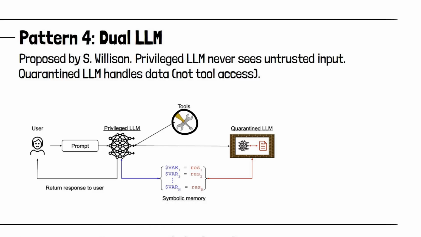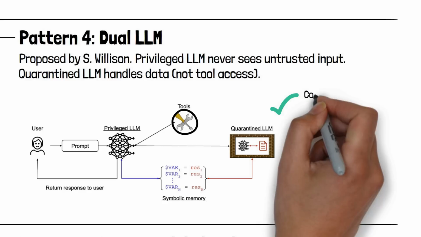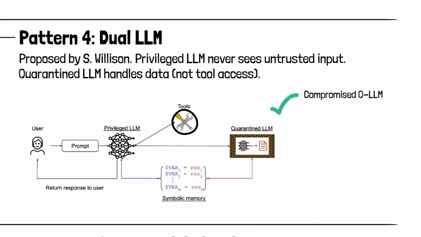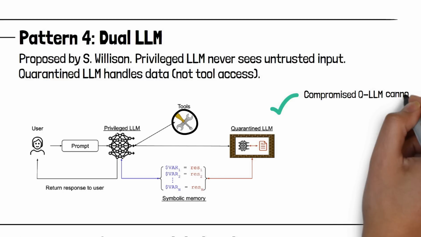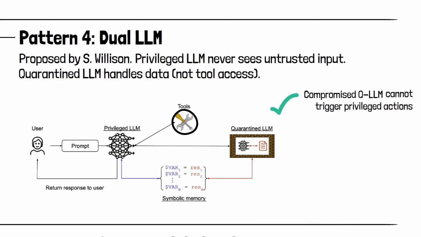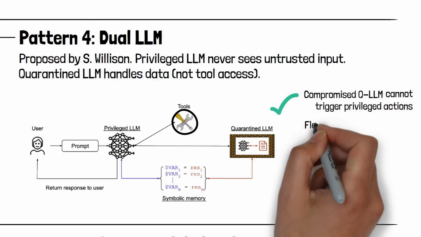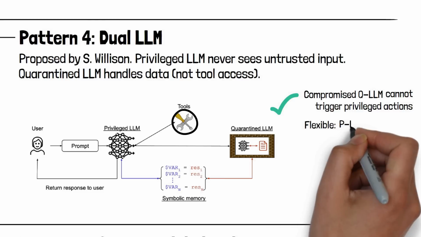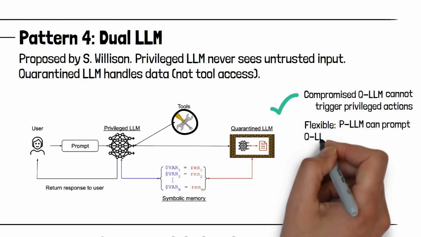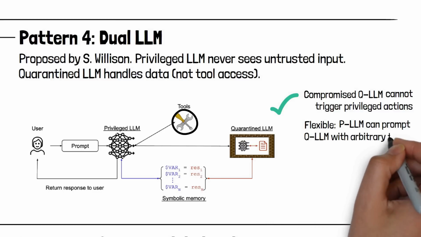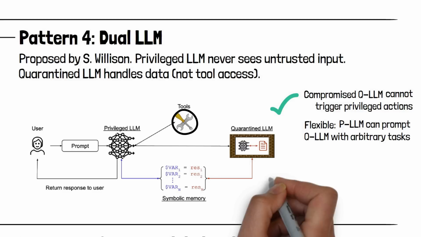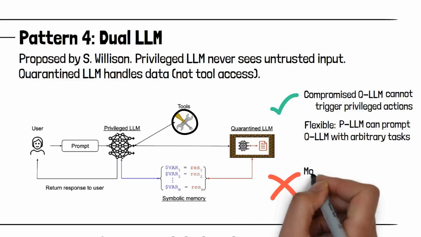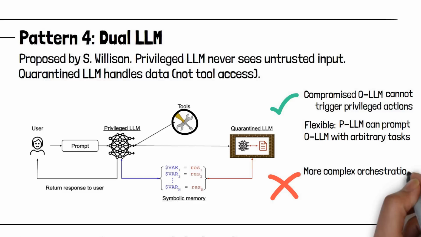This ensures that even if the quarantined LLM is compromised by a prompt injection present in some of the untrusted input, it cannot trigger privileged actions or access other sensitive data. This is more flexible than the previous Map-Reduce pattern, and the privileged LLM can prompt the quarantined LLM with any arbitrary task. The main trade-off here is added orchestration complexity.